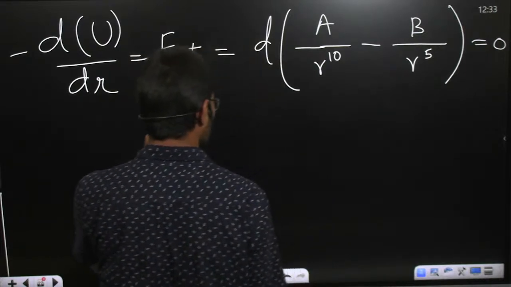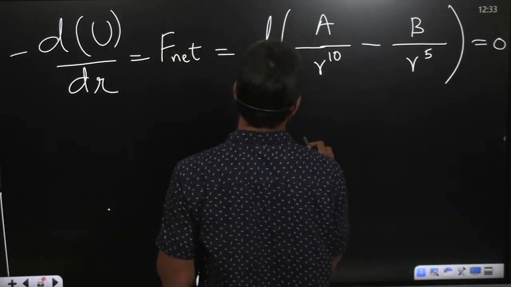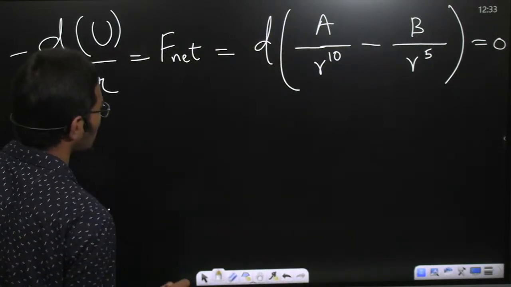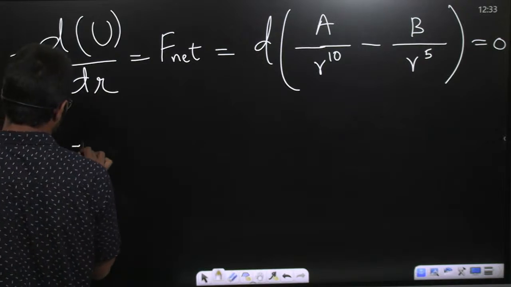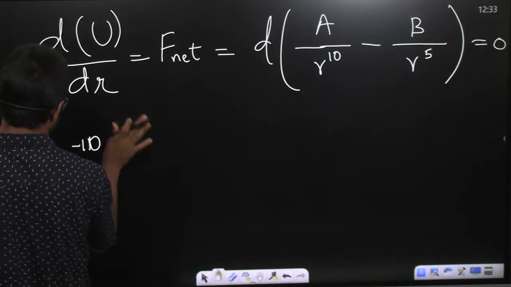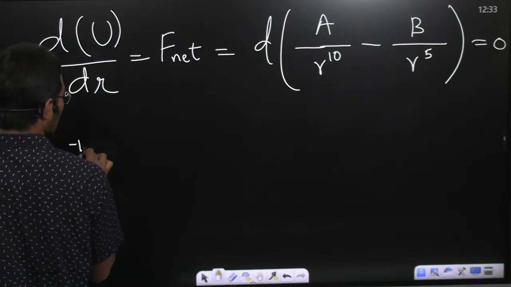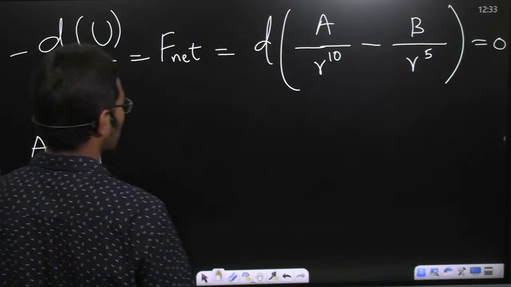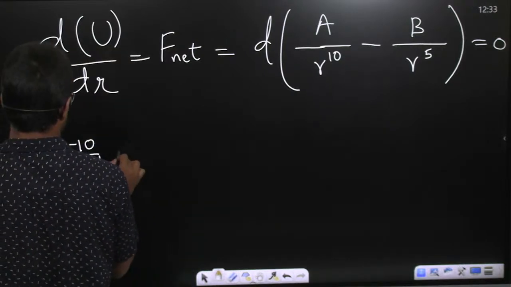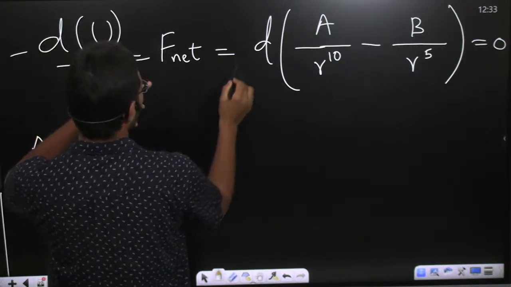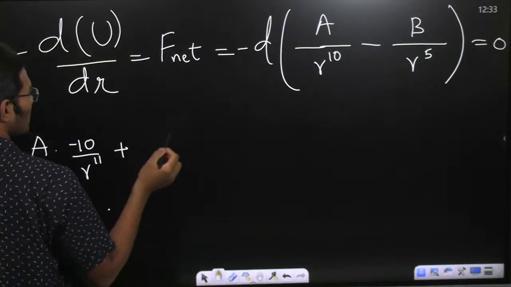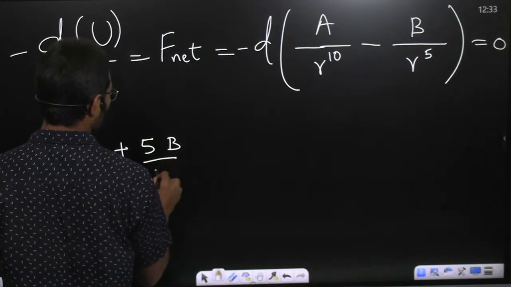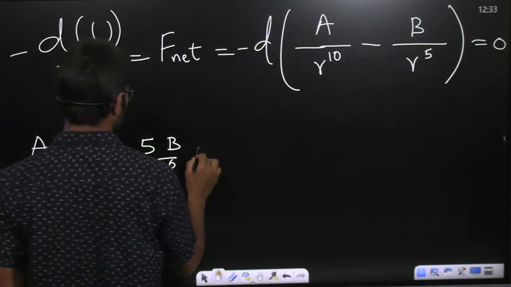What do we get when we differentiate R power 10? A is constant, so R power minus 11, minus 10 by R power 11. Plus, this negative symbol got into it, so it will become plus 5b by R power 6 is equal to 0.